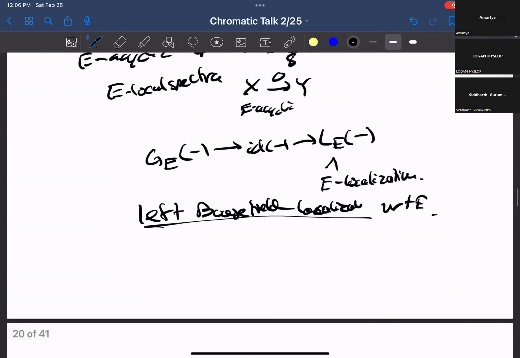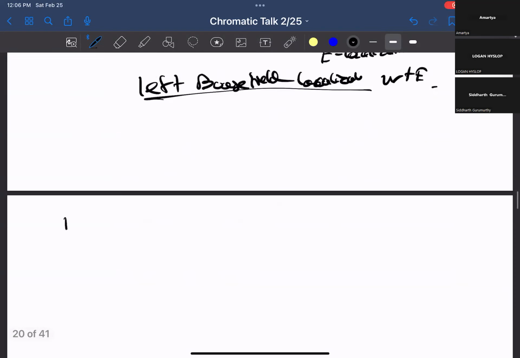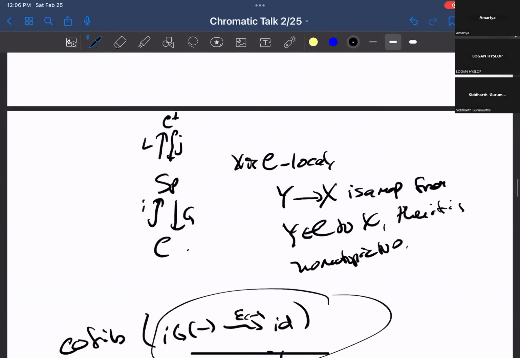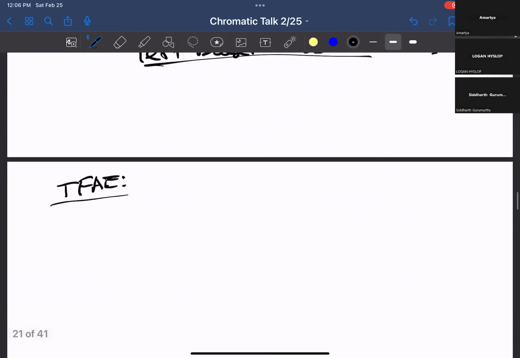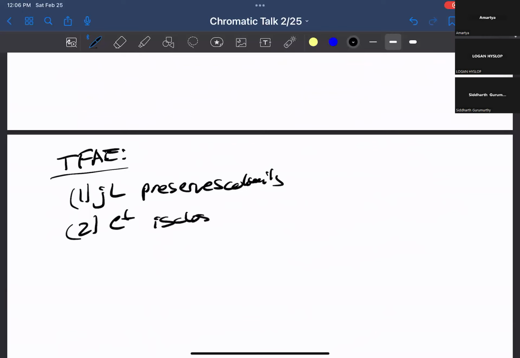All right, and there's some special classes of these that you can look at. So you have, for instance, what happens if you want to try and do this story again and get something over here? Well, the following are equivalent. The first is that this JL preserves colimits. The second is that C, the orthogonal part, is closed under colimits.